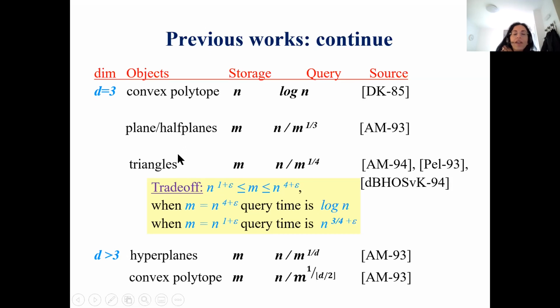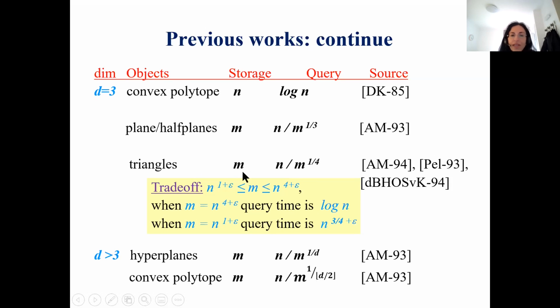For planes or half planes in 3 dimensions, there is also a trade-off bound, m and (n over m) to the 1/3. This was given by Agarwal and Matousek in 93. I will give some details about this work shortly. And the case of triangles is the case that we focus on in this presentation.